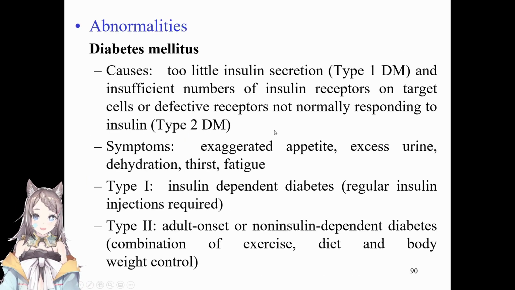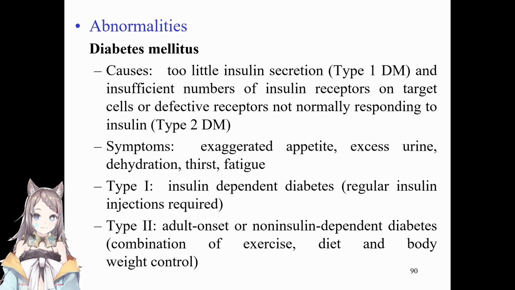Abnormalities with your insulin cause diabetes. You might be familiar with diabetes. Diabetes is a condition in which your body cannot maintain its proper blood glucose levels. We have two types: diabetes mellitus type 1 and type 2.